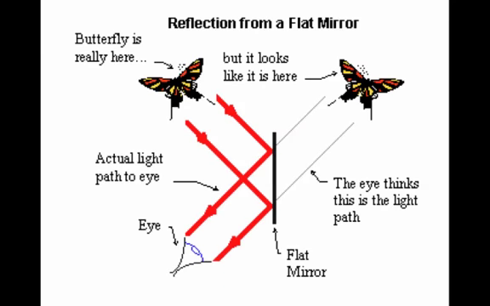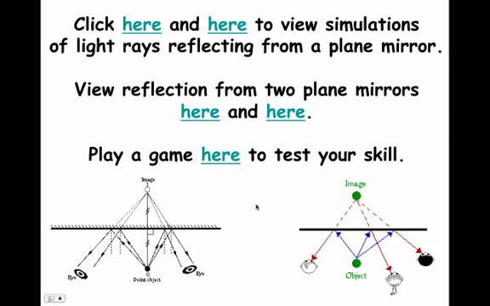And front and back are reversed. So here's your eye, here's the butterfly. Light rays bounce off like this in a very predictable pattern. This is the virtual image, and light rays cause the butterfly to be flipped.